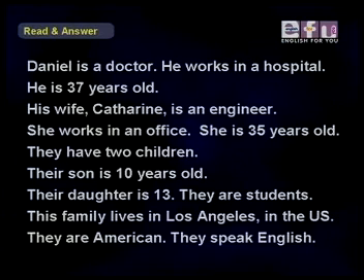She works in an office. She is 35 years old. They have 2 children. Their son is 10 years old. Their daughter is 13. They are students. This family lives in Los Angeles, in the U.S. They are American. They speak English.